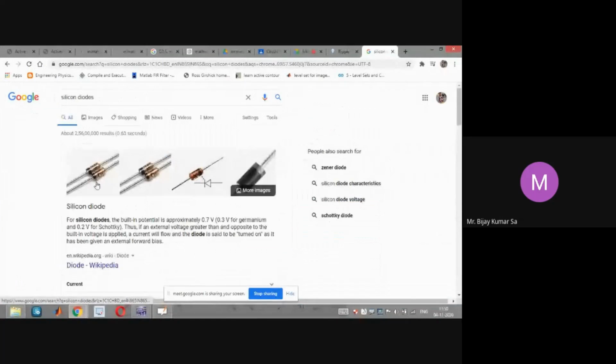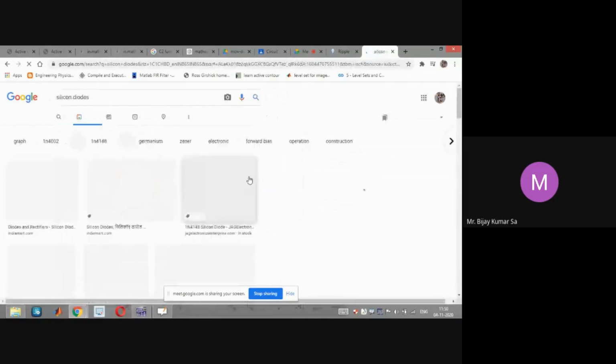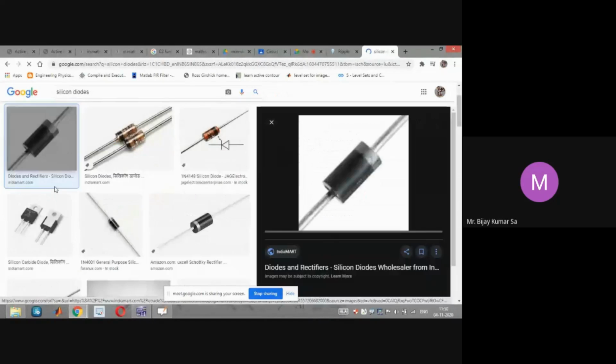You must have seen diodes in this form in the basic electronics laboratory, where you must have tried implementing half wave and full wave rectifiers, clippers, and clamper circuits. This is the way a typical diode looks.